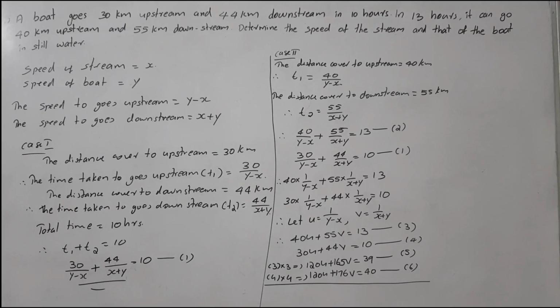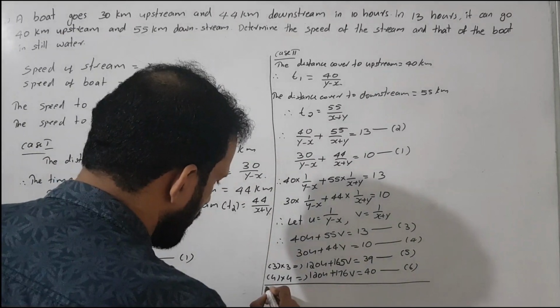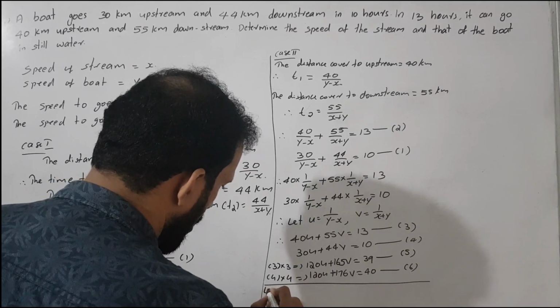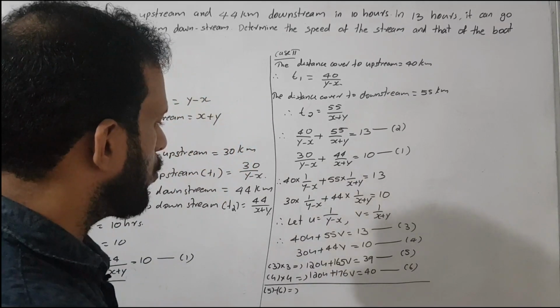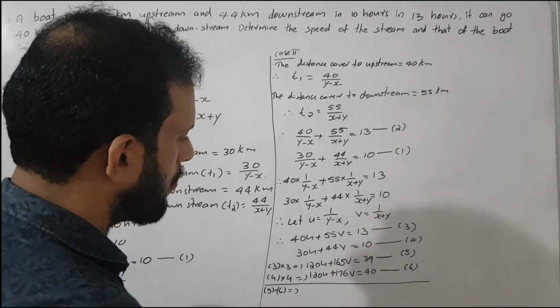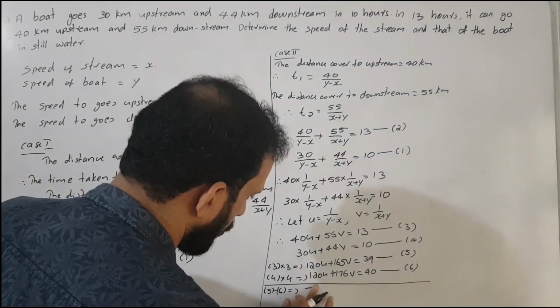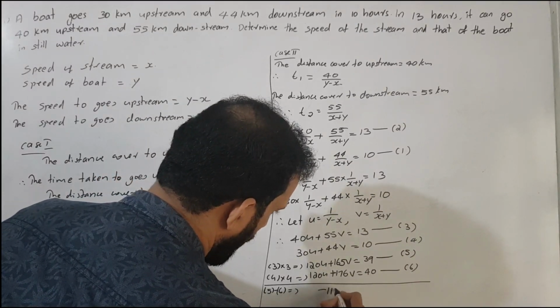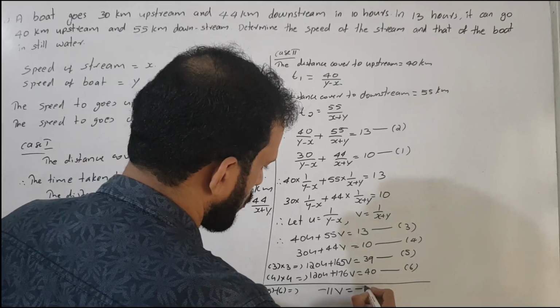So next we remove the term with u. For that we add or subtract. Here we subtract because the signs are equal. Equation 5 minus equation 6: 120u minus 120u is 0, 165v minus 176v is minus 11v, 39 minus 40 is minus 1.